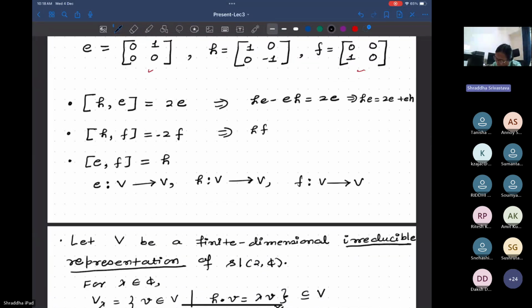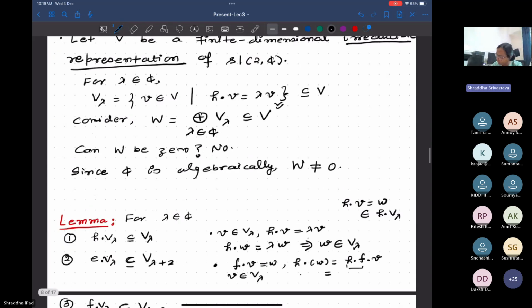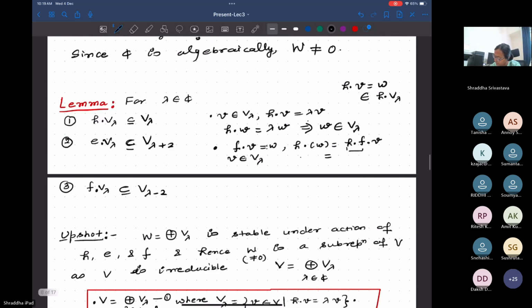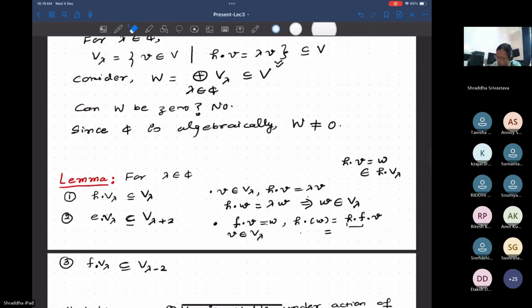So this is HF minus FH equals minus 2F. So your H dot F is minus 2F plus FH. That is what you are going to write to get your answer. Minus 2F plus FH applied to V. When you simplify it, this is precisely going to be lambda minus 2 F times V.